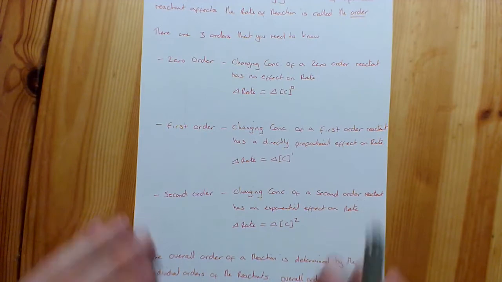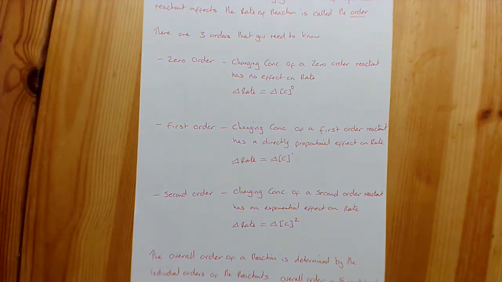First order reactants are when you change the concentration of that reactant and there is a directly proportional effect on the rate. So if I double the concentration, it doubles the rate. If I quadruple the concentration, it quadruples the rate. If I halve the concentration, it halves the rate. It has a directly proportional effect.